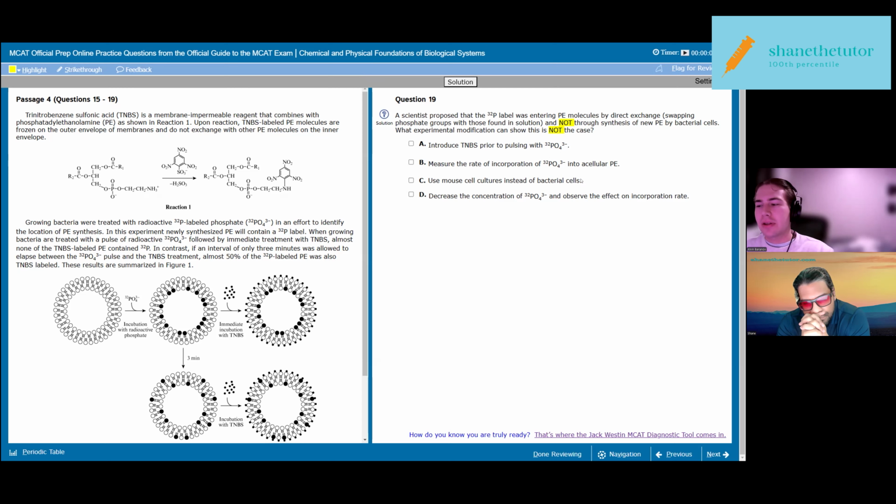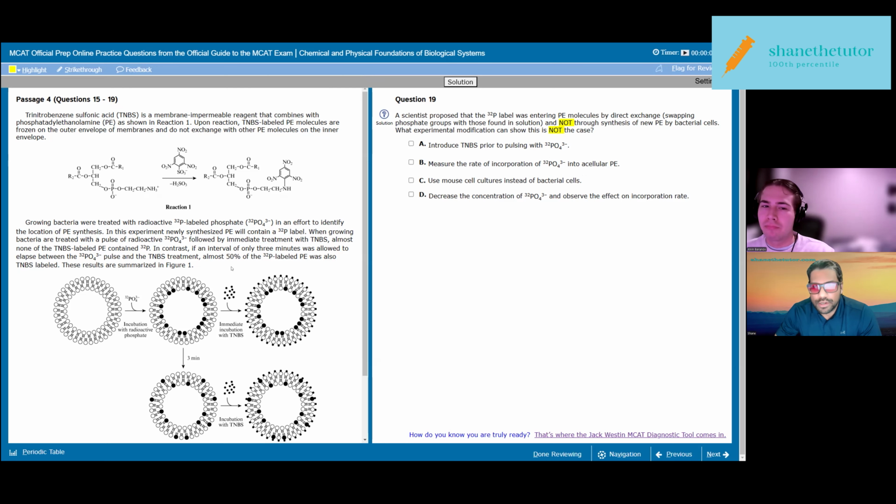Well, if you want to show that they're doing it through bacterial cells, you can remove C. Oh, I guess you're saying if you get rid of the bacterial cells and you use a mouse cell culture. Actually, I mean, yeah, it could actually work. So let me see here.